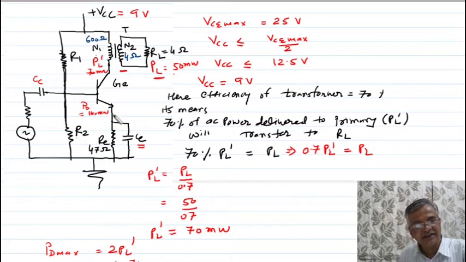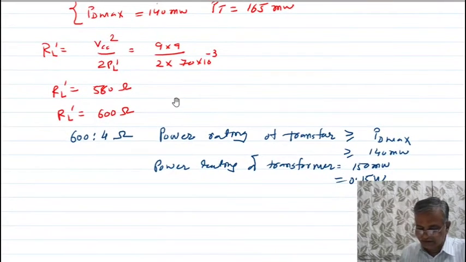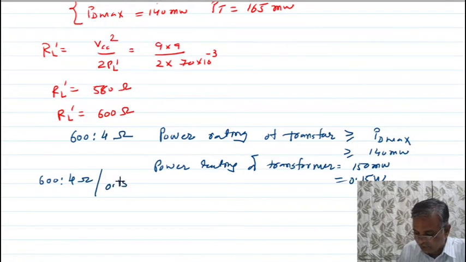But here, just to keep control on the cost of the circuit, I am taking 150 milliwatt, which means the power rating is 0.15 watt. So I have written here how you select the transformer. This is your way of writing for the transformer.